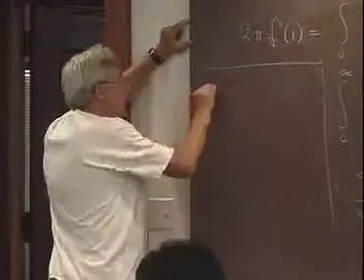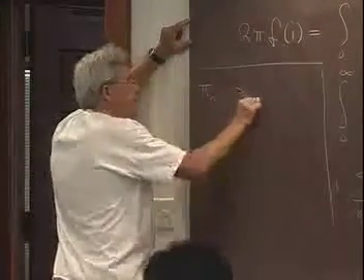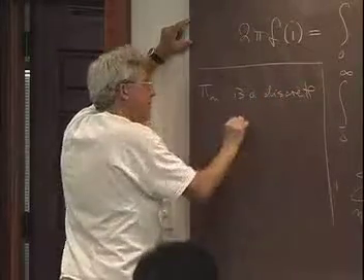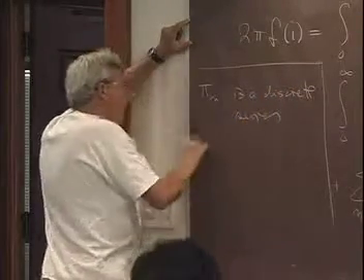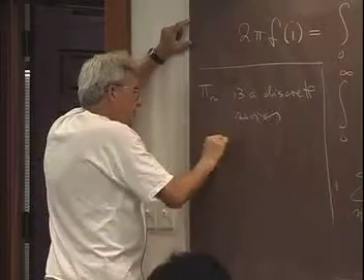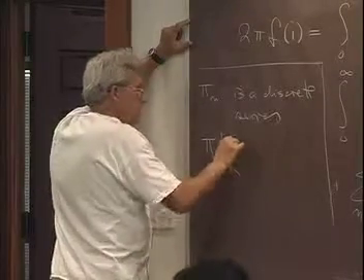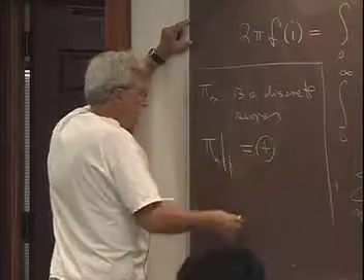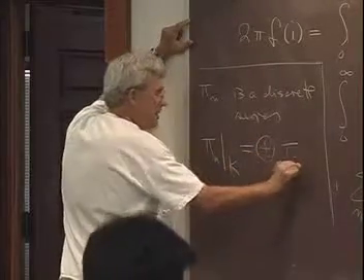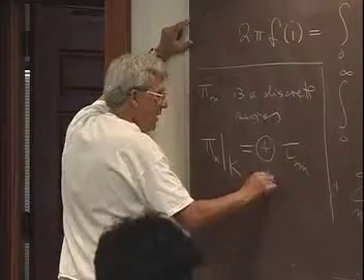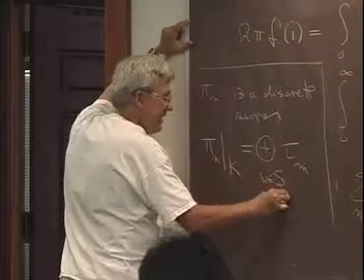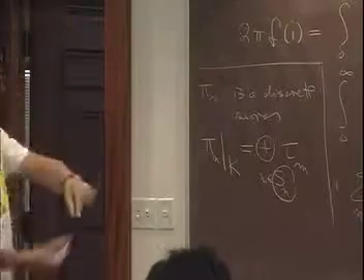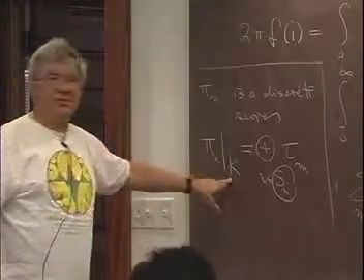So let's assume that pi n is a discrete series. I can look at pi n restricted to K. You know that this is a sum of a bunch of representations, say tau m, where m goes over some set Sn. This is an infinite set of representations of K which appear in this restriction.